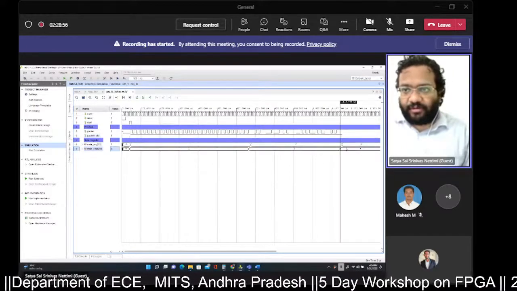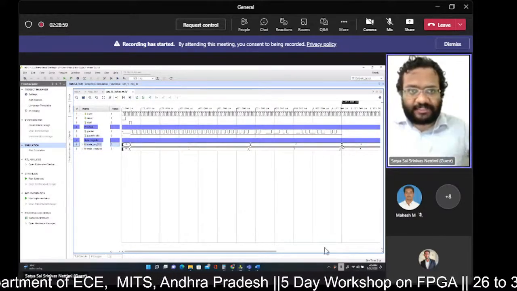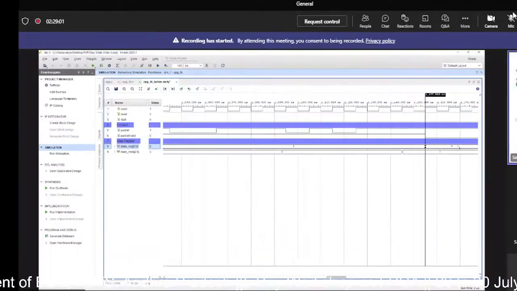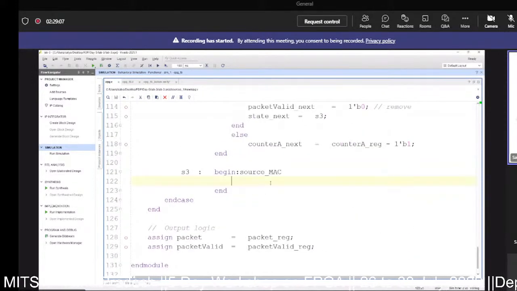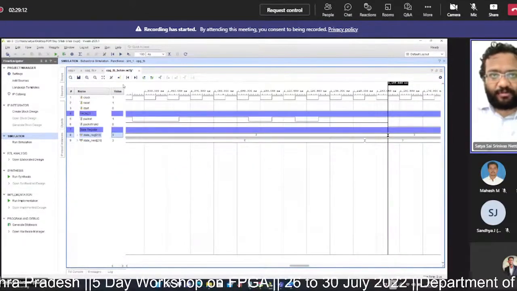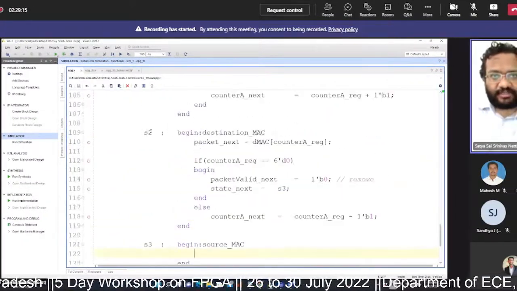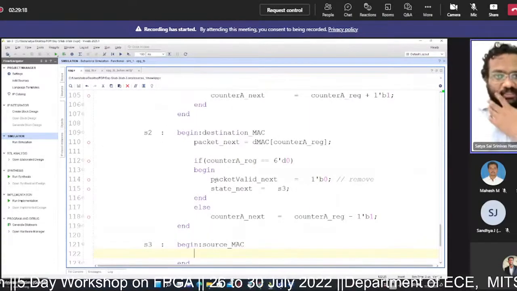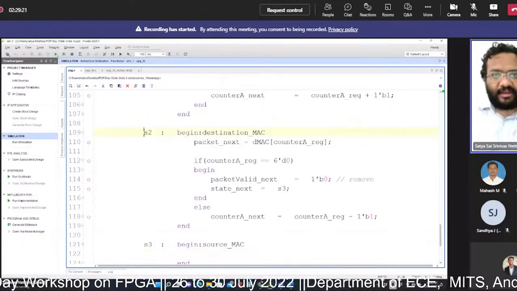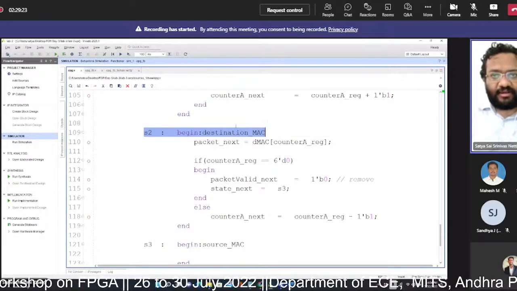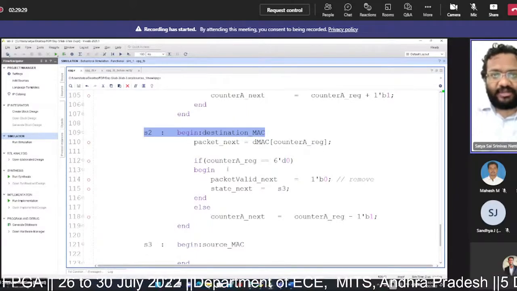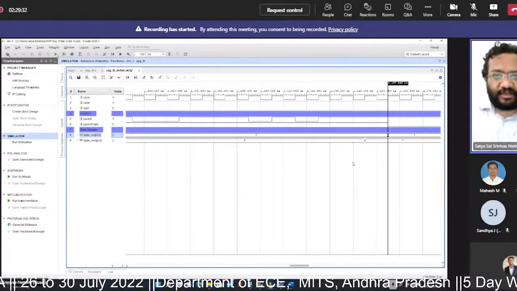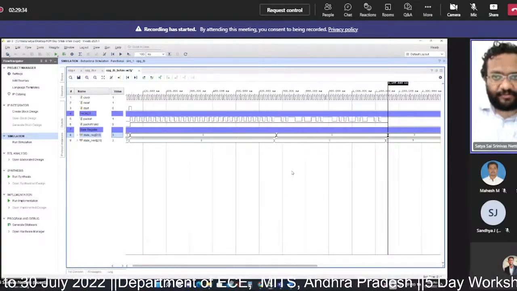We have switched the FSM up to the third state, 0, 1, 2, 3. In the third state we have not defined anything. In this third state we have to generate the source MAC address. But we have reached S0, S1, S2, three states we have made a transition. And in the S2 state, the destination MAC address bits we have sent as frame packet data.